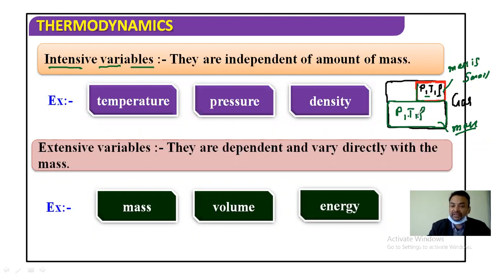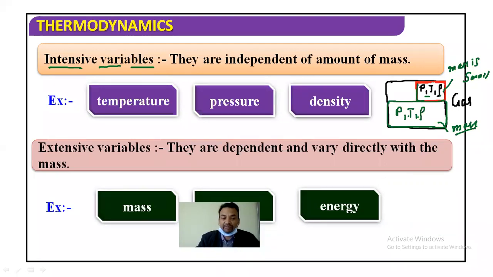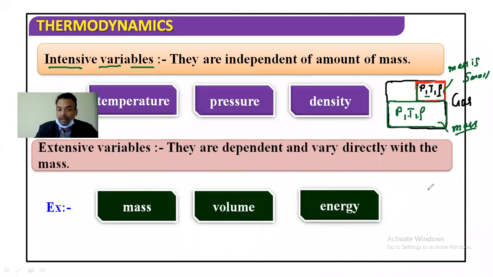Now what are extensive variables? Again I take the same container filled with a gas, and I take the volume of the gas in this small segment as V, mass present here is M, and the energy of the gas molecules, basically the internal energy, I will call U. Now I take this bigger area.